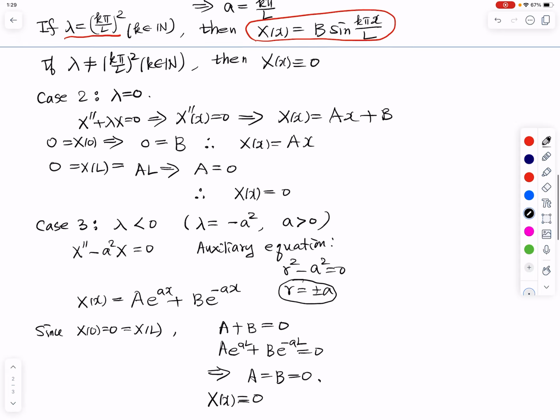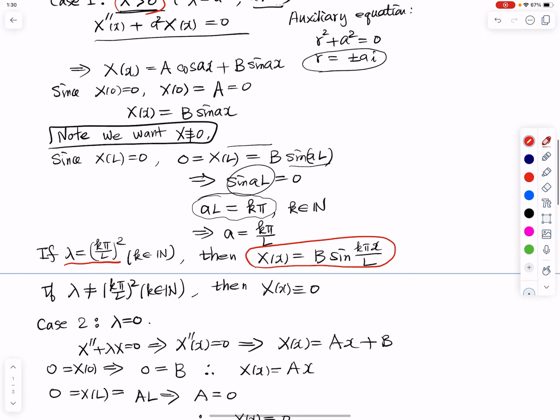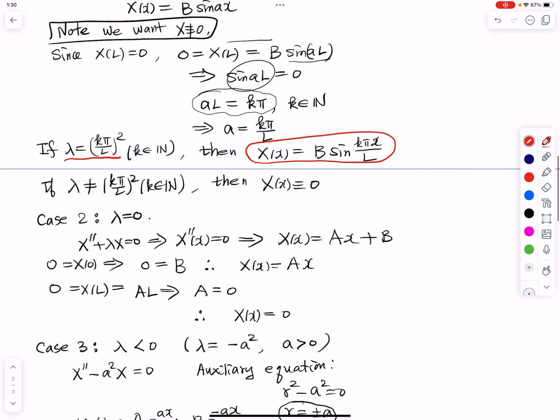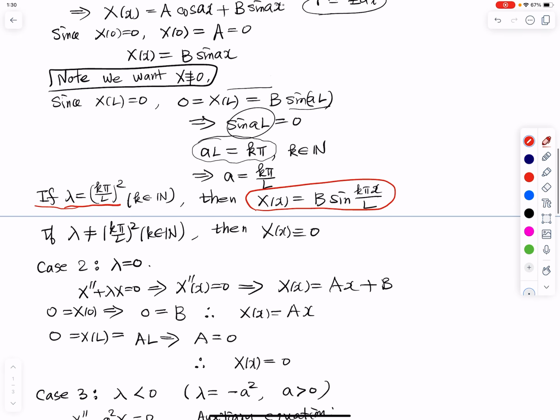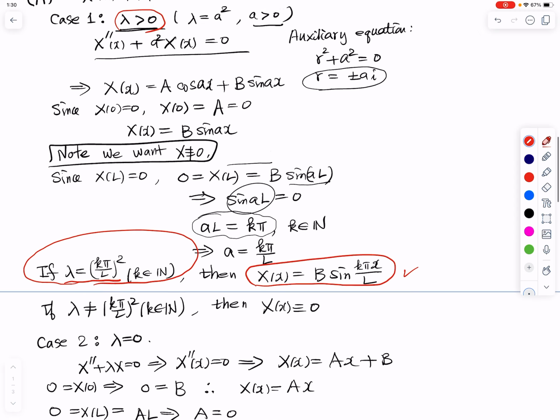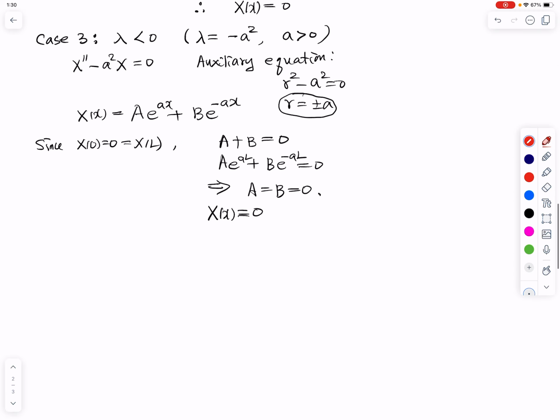So we separated 3 different cases. The only case where we have non-zero solutions is if lambda equals k pi over L squared. In all other cases, we have only the zero solution.